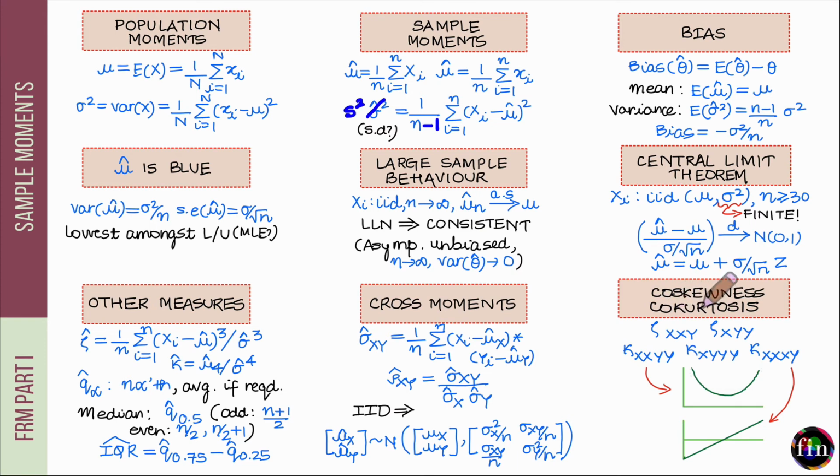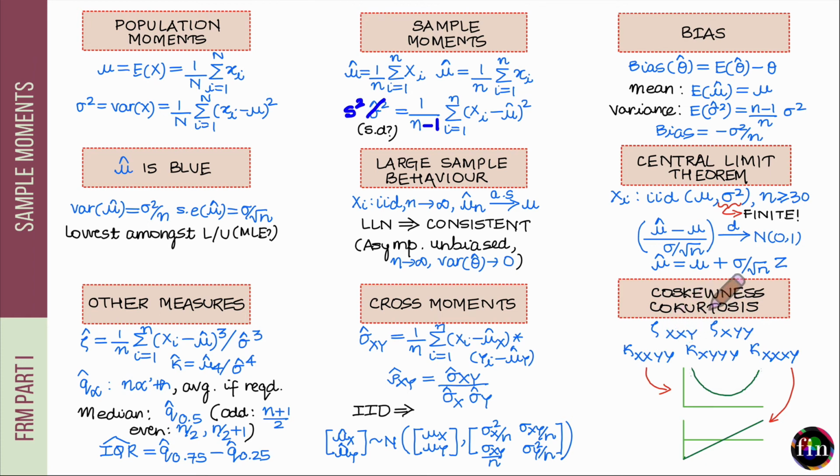These are higher order cross central standardized moments. So when it comes to coskewness, it's a cross version of skewness. I know that in skewness, both in the numerator and in the denominator, I have an exponent of 3. When I define a cross version of skewness, I will let this exponent of 3 be collectively contributed by the two variables involved, which are x and y.